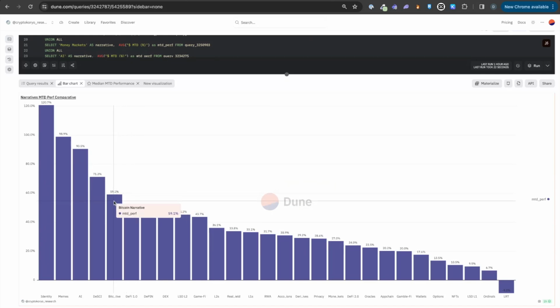This wasn't among the best performers in the last few months. It's a recent thing. So if you were paying attention before, and if you looked at this chart regularly, you would know that Bitcoin is usually around this part of this chart, not among the best performers. And if you regularly check, you would see that, okay, actually Bitcoin is starting to move to the left side.